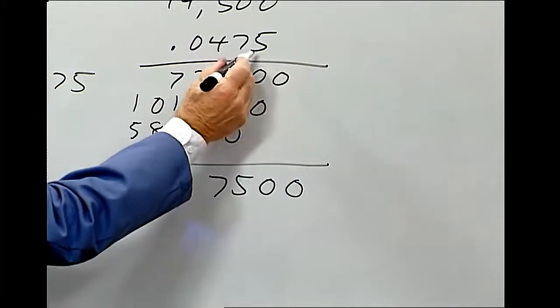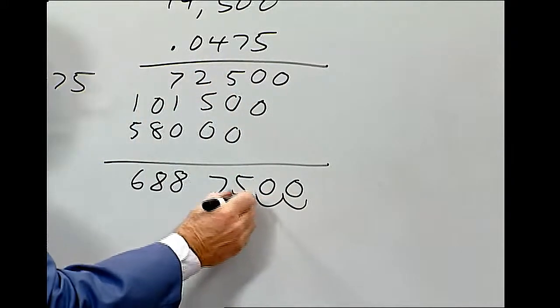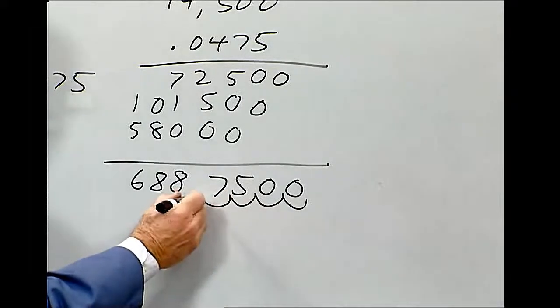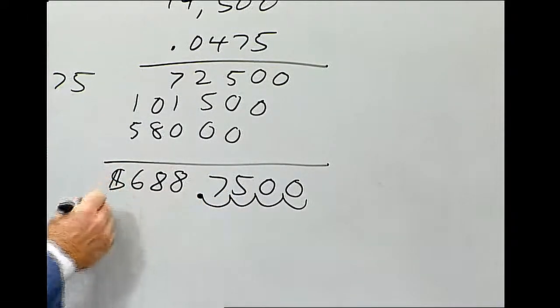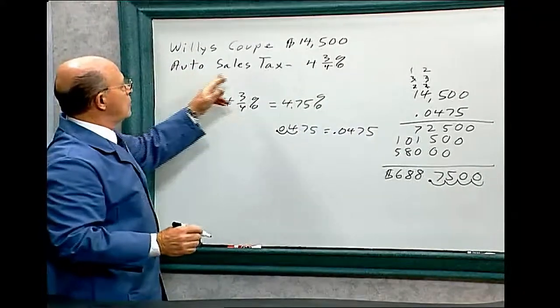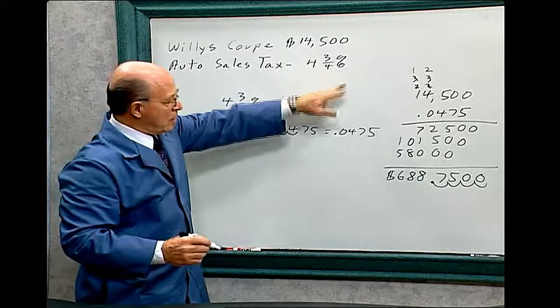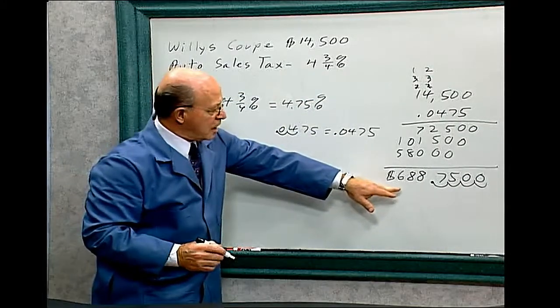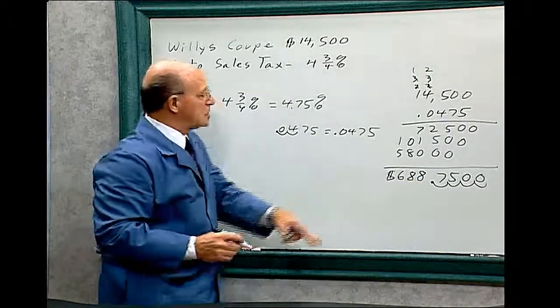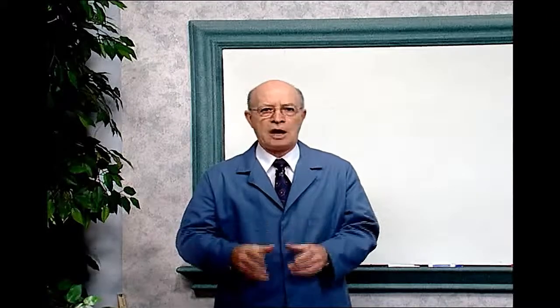Let's count the decimal places. 1, 2, 3, 4. So the tax you would have to pay on that Willys coupe at 4 3/4% would be $688.75.